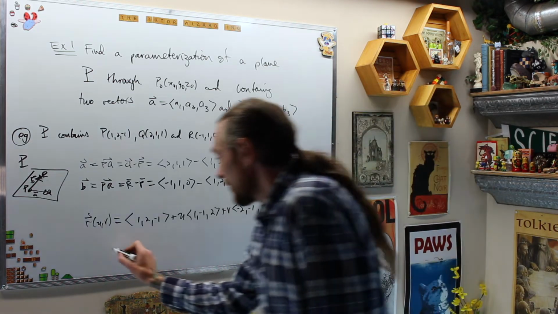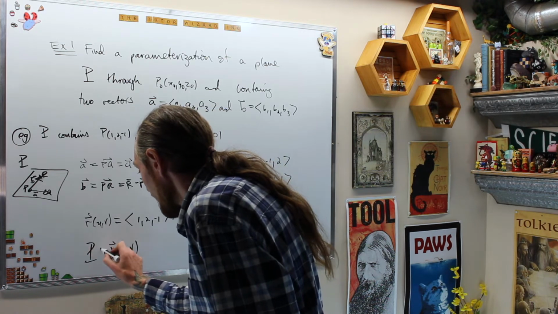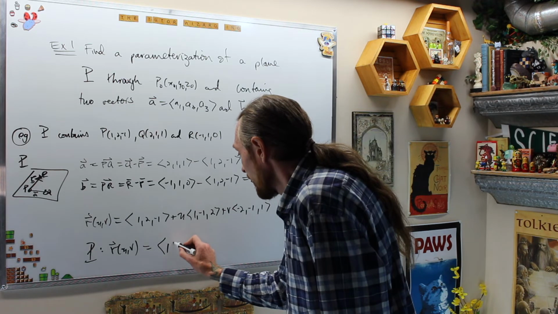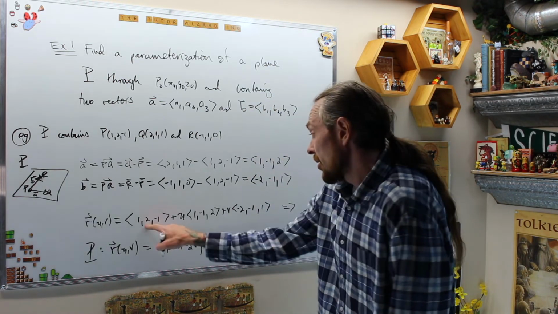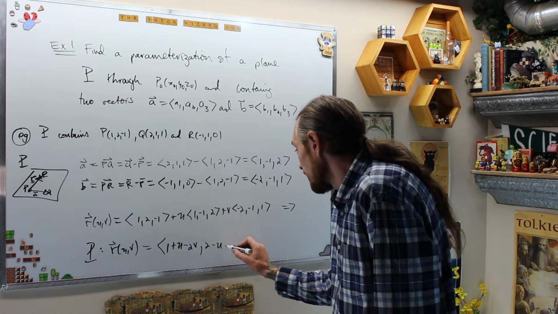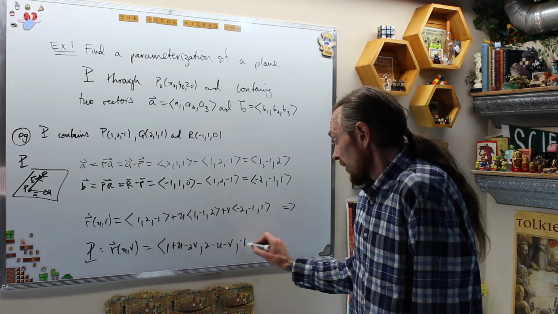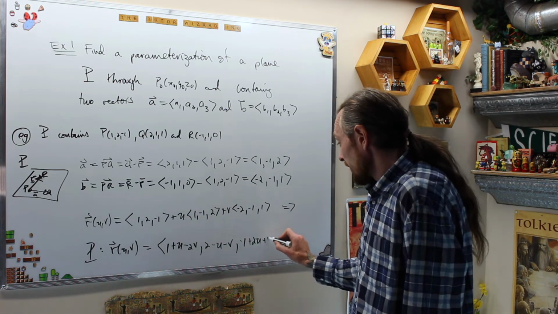So that gives me R of u, v. My parameterization of this plane is going to be equal to 1 plus u minus 2v, comma, 2 minus u minus v, comma, negative 1 plus 2u plus v.